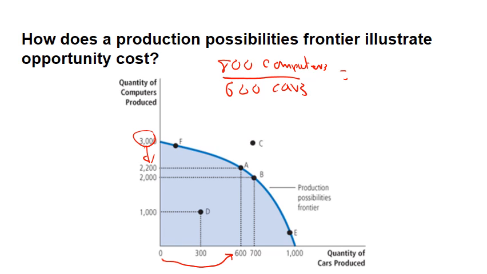We do, just take the ratio of that. It means that we give up 1.33 computers for every car that we obtain.